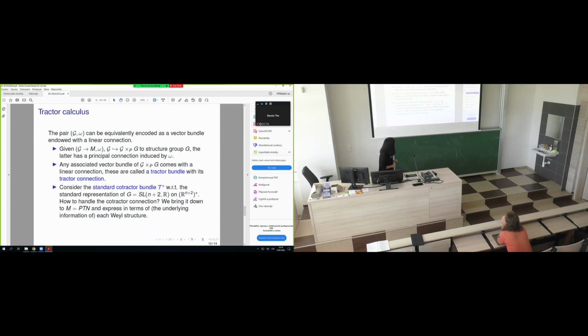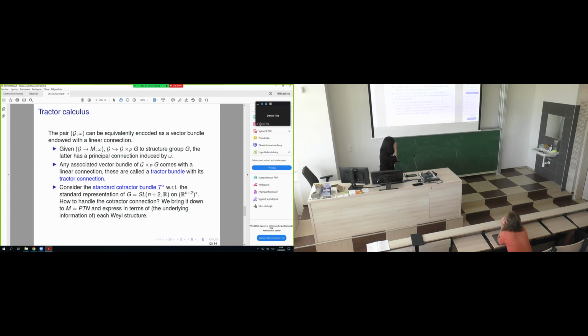I was considering the standard action of G on the dual of R^(n+2). And then this gives rise to the standard co-tractor bundle together with its tractor connection.